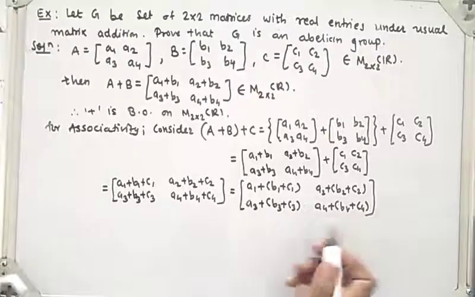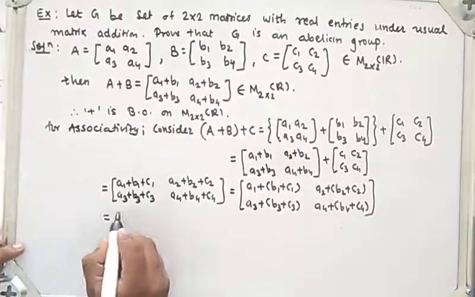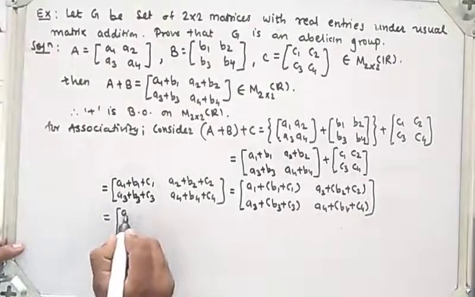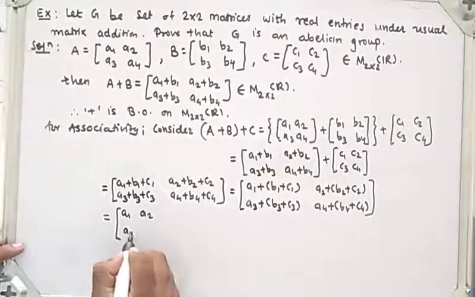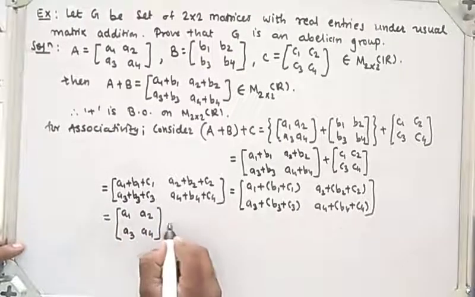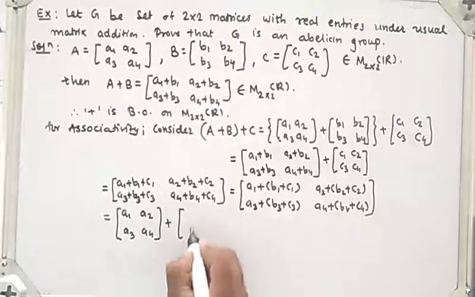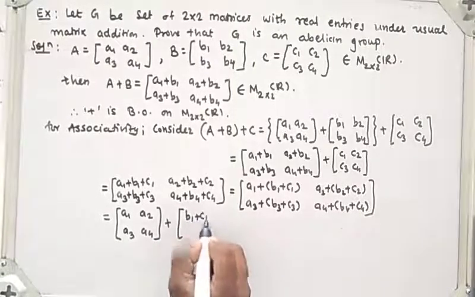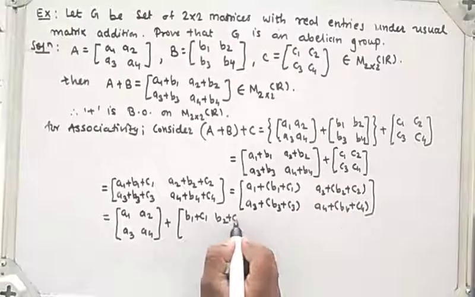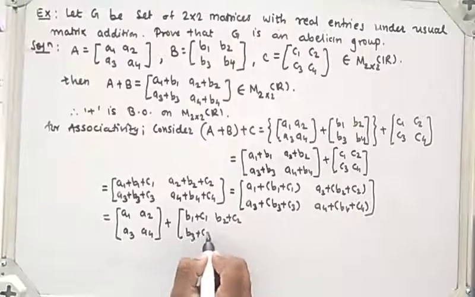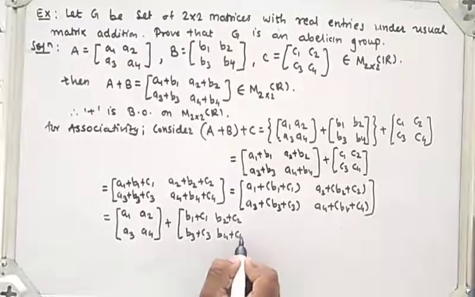So I will separate this matrix. So what will we get? Here a1, a2, a3, a4, and this is the second matrix. Here I will write b1 plus c1, b2 plus c2, b3 plus c3, b4 plus c4.